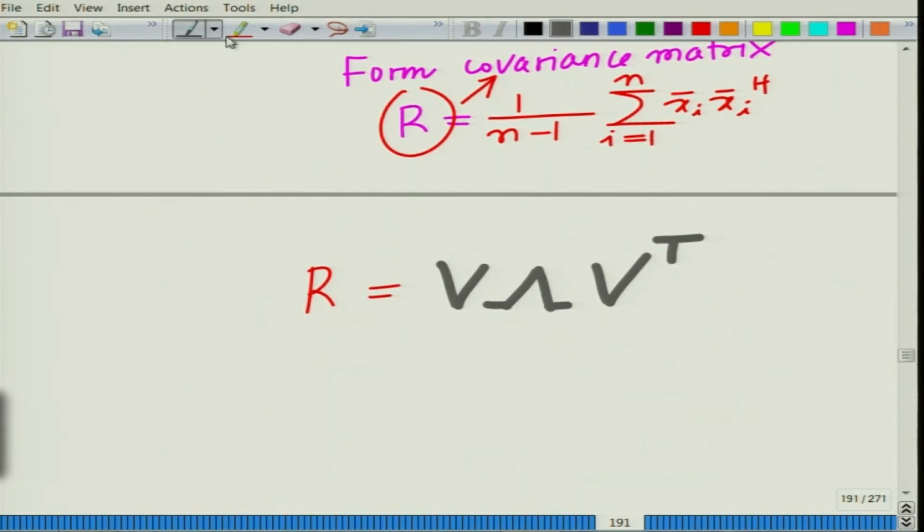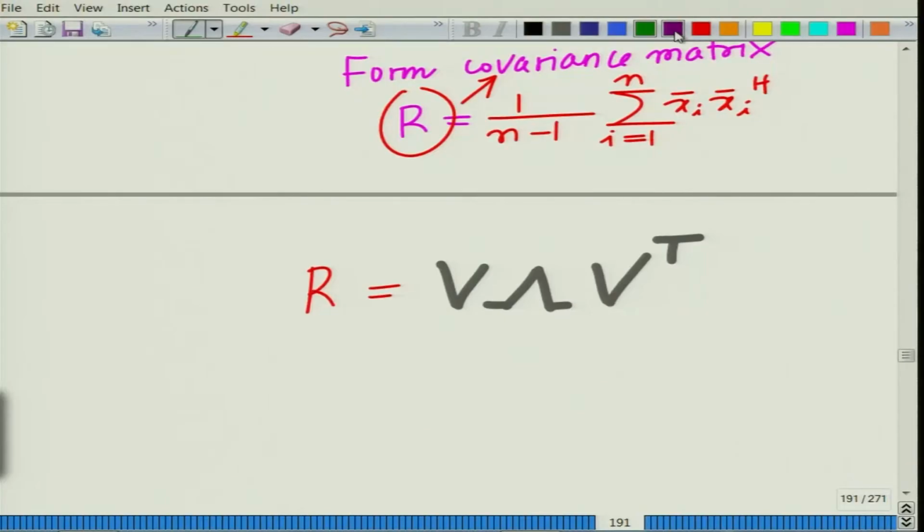Remember, this is an eigenfaces algorithm, right. So, there is some relation to the eigenvalues and eigenvectors. In fact, that is what we are going to see. The eigenfaces algorithm, as the name implies, has a very deep relation to the eigenvalues and eigenvectors. What is the relation? This is the relation. So, this is basically the covariance matrix, and this is basically the eigenvalue decomposition.